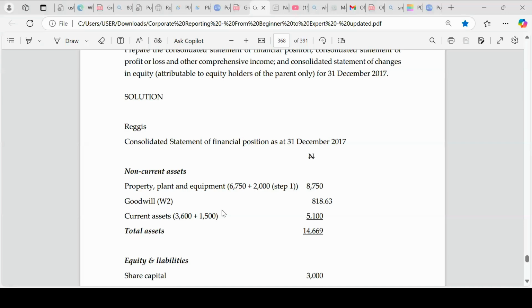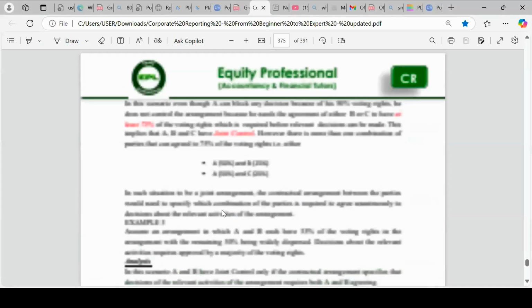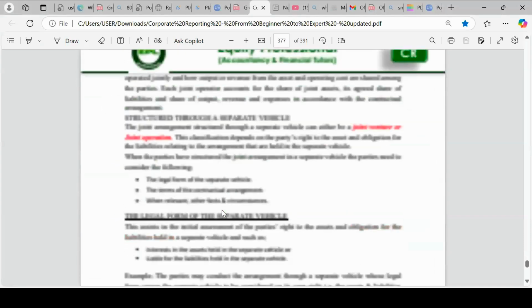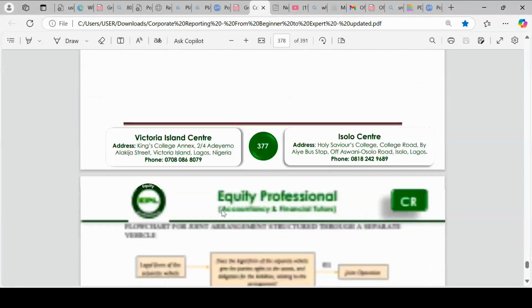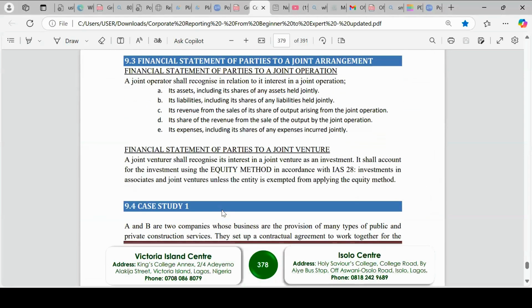I think what we have left after this is IFRS 11, joint arrangements. If we can clear that, I can say I'm done with group, even though we'll still do group cash flow, but that I will take as another topic, IAS 7.